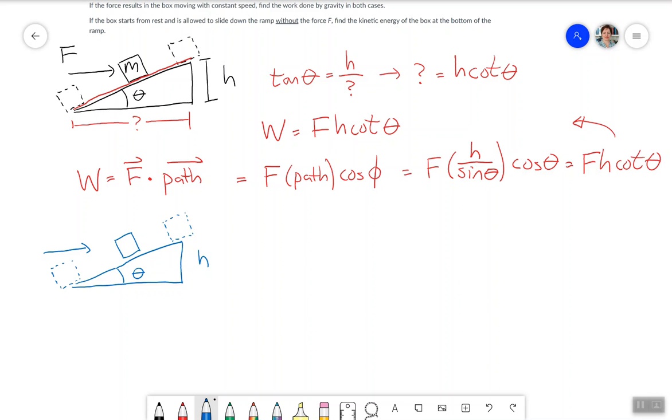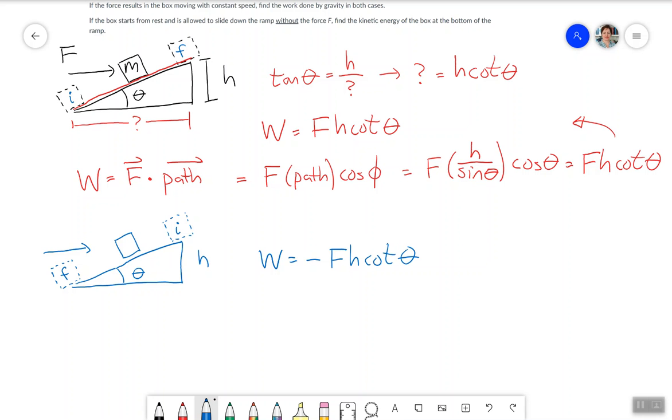So we realize now that in the first problem we went from initial to final, bottom to top, and now we're going from initial to final, which means we're going down the ramp, which means now that there's negative work. This is like a cosine of phi, where phi is 180 degrees. So now the work that's done is minus F h cotangent of theta.